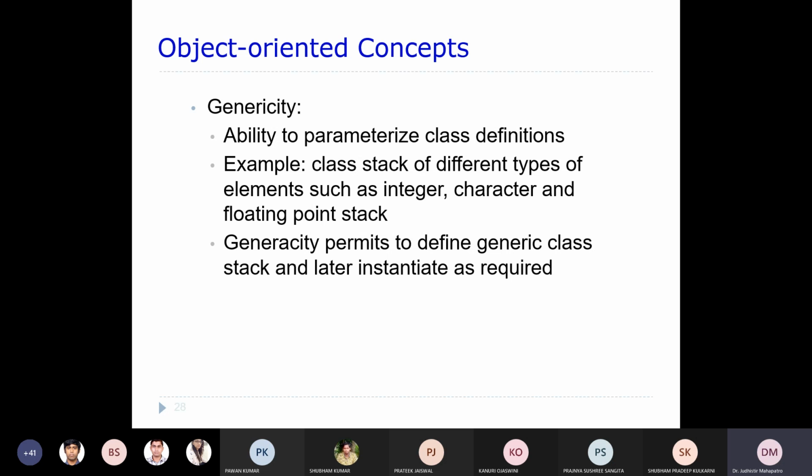Once you parameterize the class definition, you will be able to reuse that class. So genericity permits defining a generic class stack, later instantiated as required. This is the way you use these generic classes.